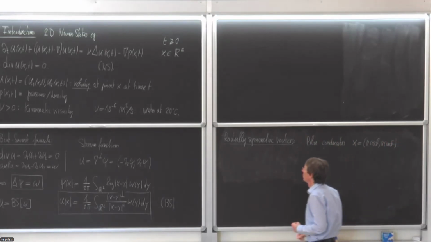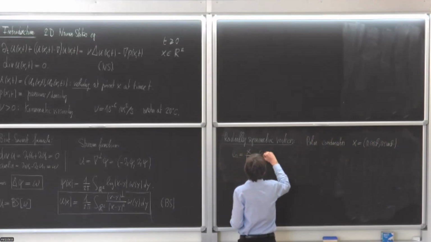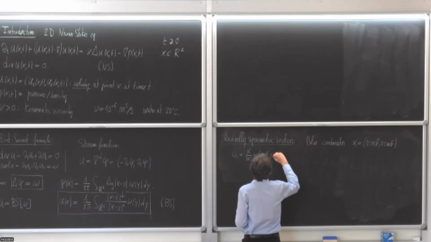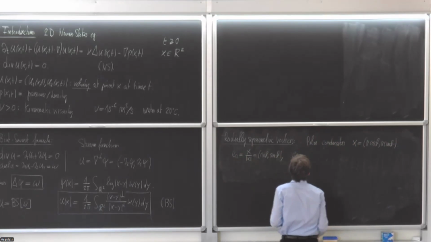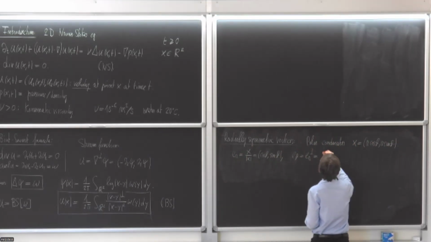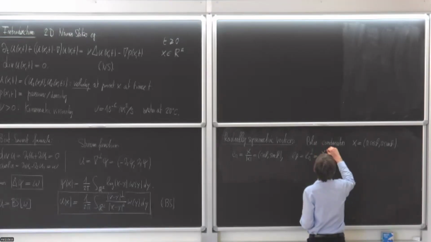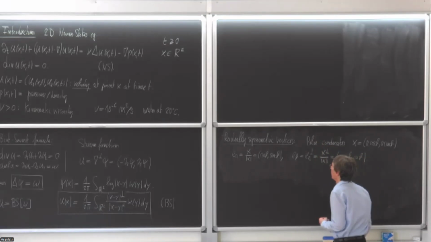I will also introduce some unit vectors: e_r, which is x divided by modulus of x, which is (cos theta, sin theta), and the other unit vector e_theta, which is e_r orthogonal, which is of course (minus sin theta, cos theta).